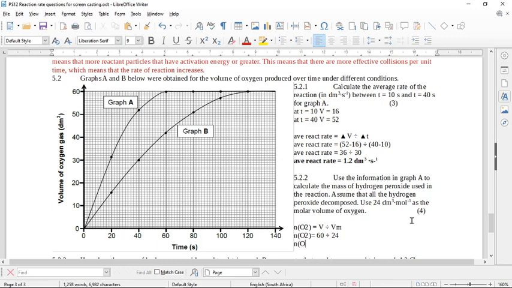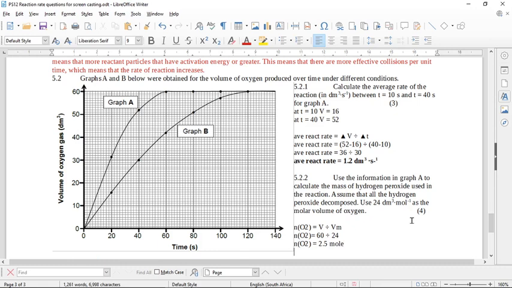Okay, so my number of moles of oxygen, calculator, I've got 2.5 here. Hopefully we've got the right answer. Okay, I've got 2.5 moles of oxygen.